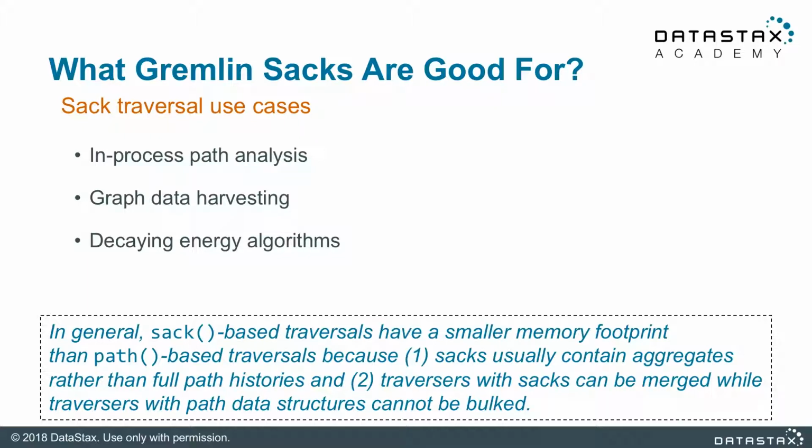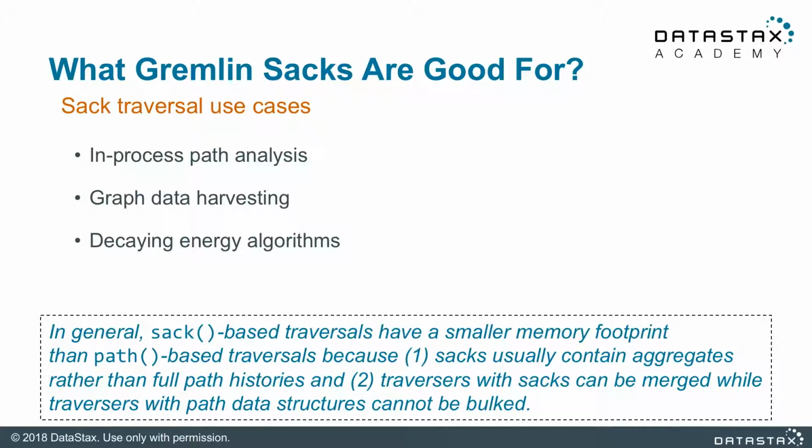And second, traversers with sacks can be merged, while traversers with path data structures cannot be bulked. While they are extremely useful, sack-based traversals may not outperform path-based traversals 100% of the time. A lot depends on the path characteristics, the graph's branching factor, and how much bulking is possible.